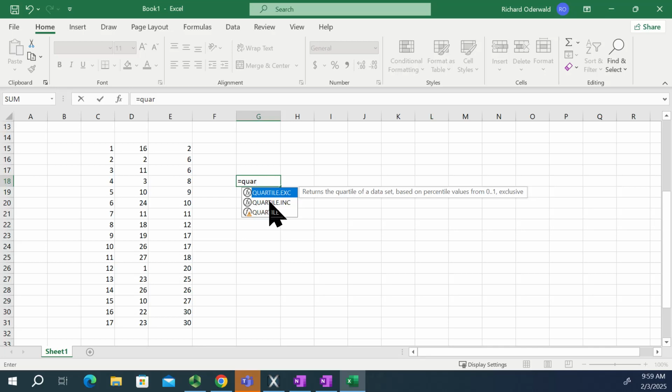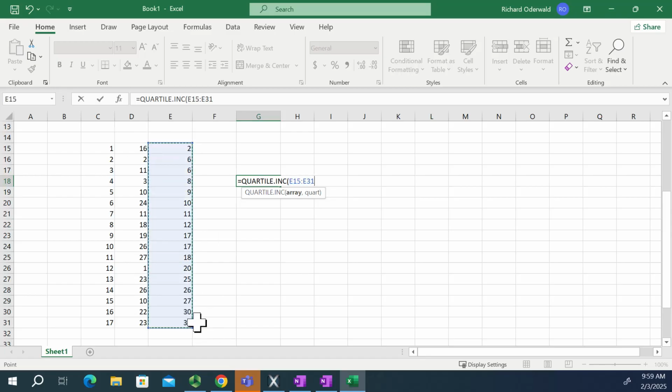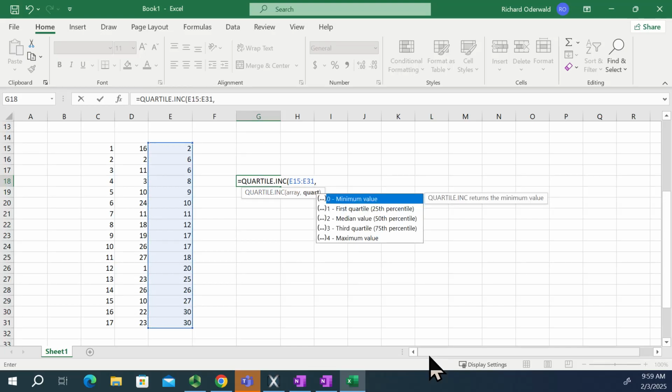And I've got a YouTube video that explains the difference between these two, but it is not important for any real list of numbers. Quartile, mark it, comma, and it says, what quartile do you want?